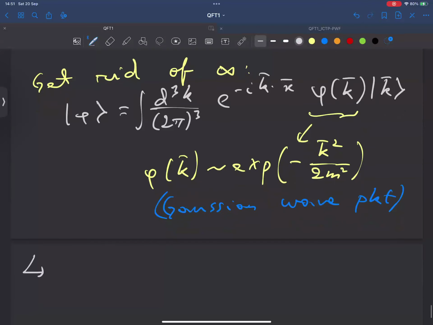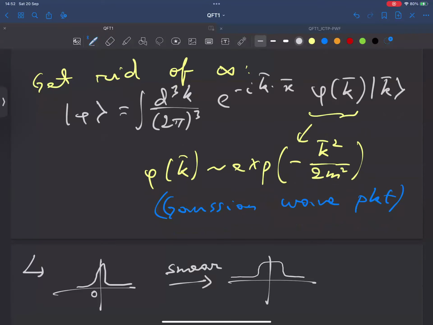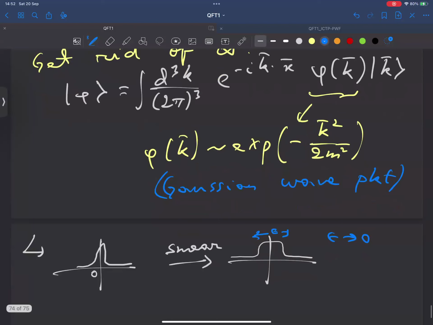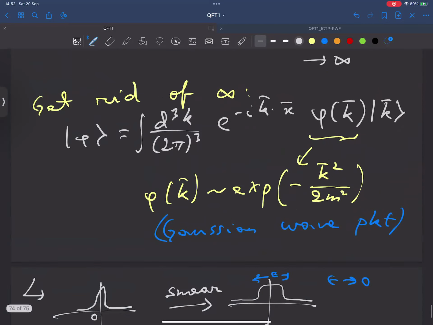So essentially what this does is, recall that a Dirac delta is a function that peaks to infinity at the origin. So you can smear this. When I say smear, I am considering a wave packet where you expand the width a bit, and then later you can take this width, let's call it epsilon, to 0. Okay. So this smearing, or expanding the width to give it a finite width and prevent it from going to infinity, is essentially done by this kind of a test function.